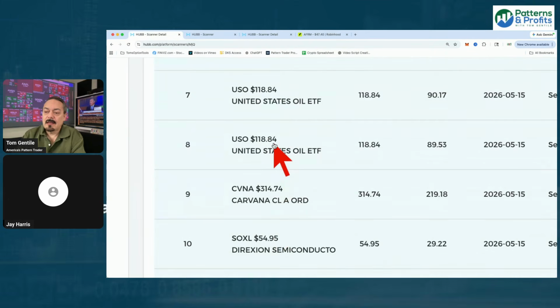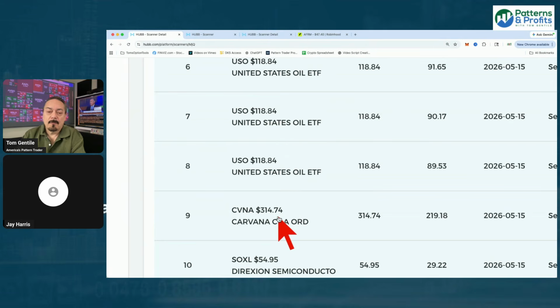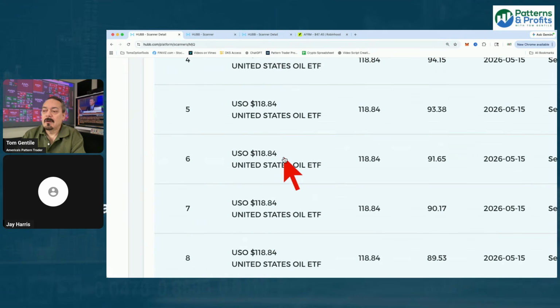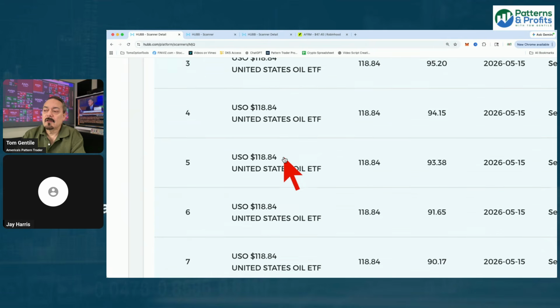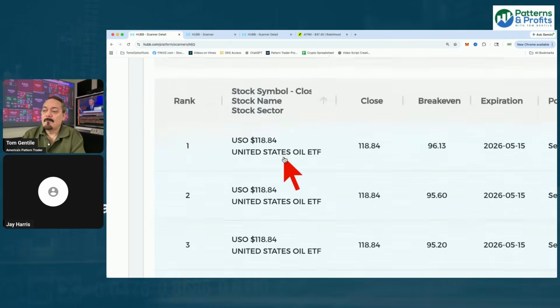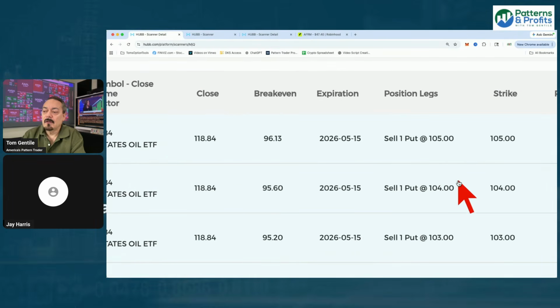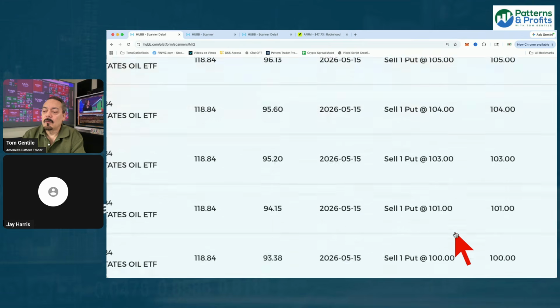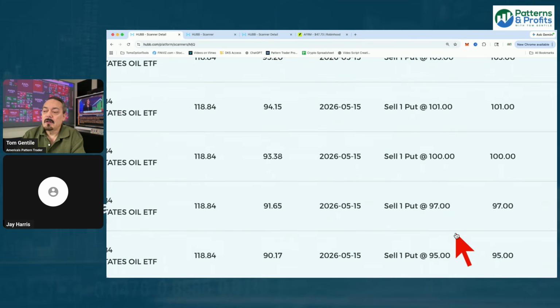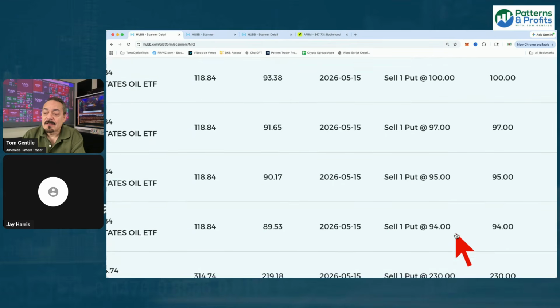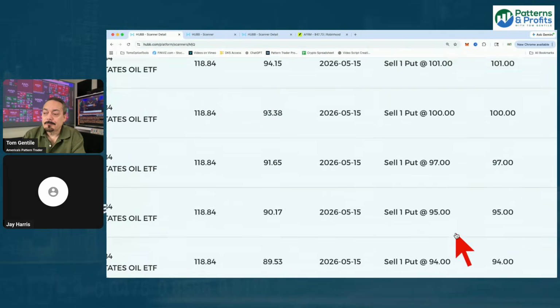We have 8 USO trades before we get to something outside of USO. They're not the same trade. They all have May expirations, but the break evens are different: 105, 104, 103, 101, 100, 97, 95, 94.